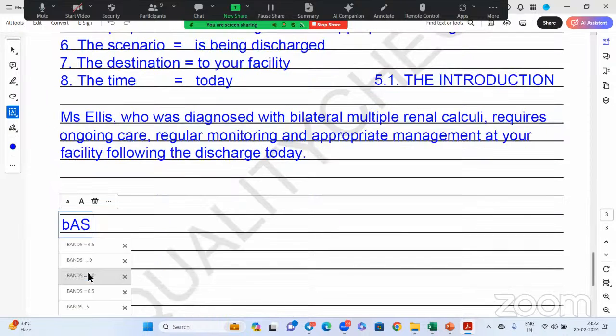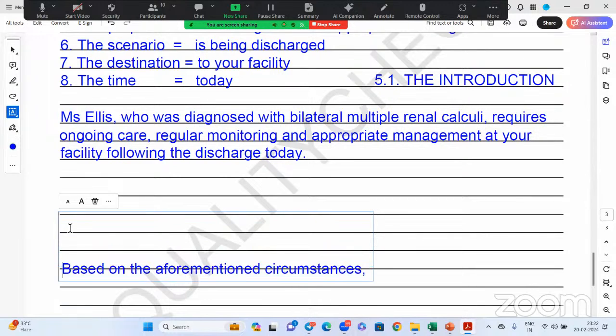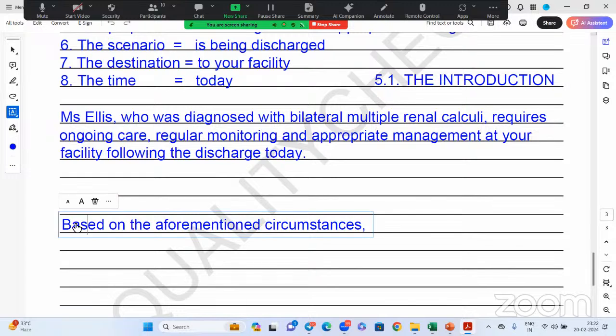Okay. Based on the aforementioned circumstances, comma, okay, right.